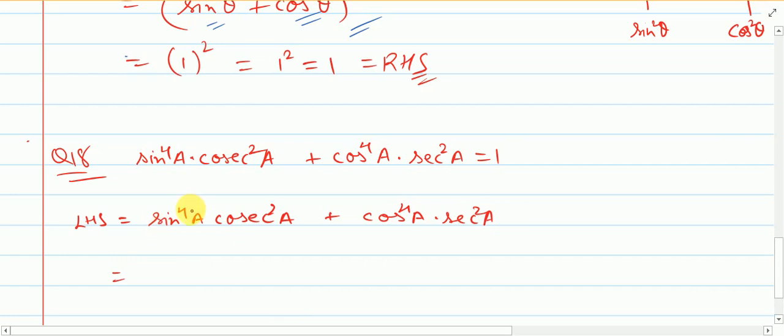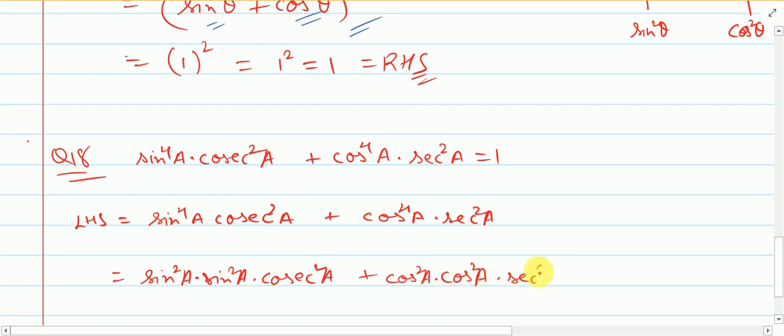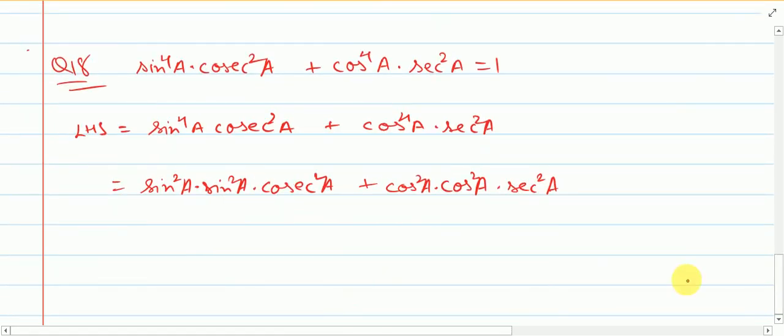Here this sin to the power 4a can be written as sin square a into sin square a, this is your cosec square a, this cos to the power 4 can be written as cos square a into cos square a. So when we are breaking this into 2, we should remember that here power was 4, so once you break, still the sum of this power should remain 4 only, okay.